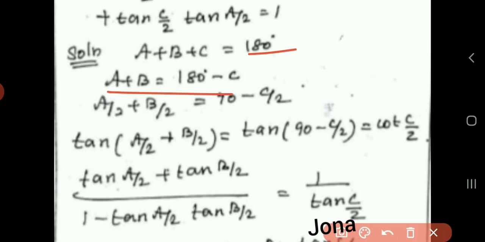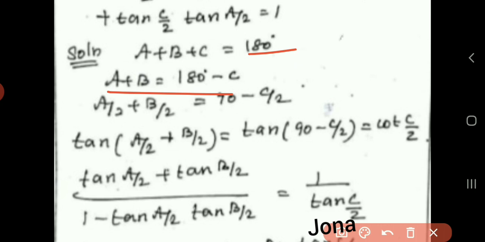Fifth sum. Tan a by 2 into tan b by 2 plus tan b by 2 tan c by 2 plus tan c by 2 into tan a by 2 equal to 1. In the problem it's clearly given a plus b plus c equal to 180 degrees. So a plus b equal to 180 minus c.